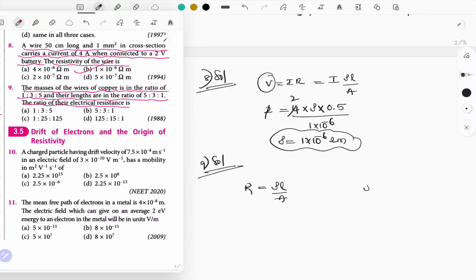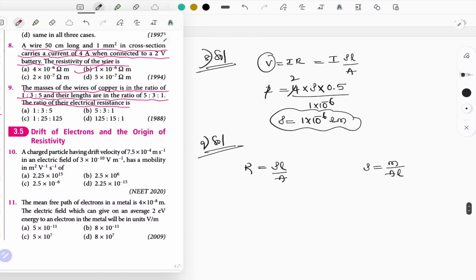So let me convert to density. Density is equal to mass by volume. Volume can be replaced as area of cross section into length. So in place of area, can I replace it with m by rho L? Yes, we can. So area is equal to m by rho L.